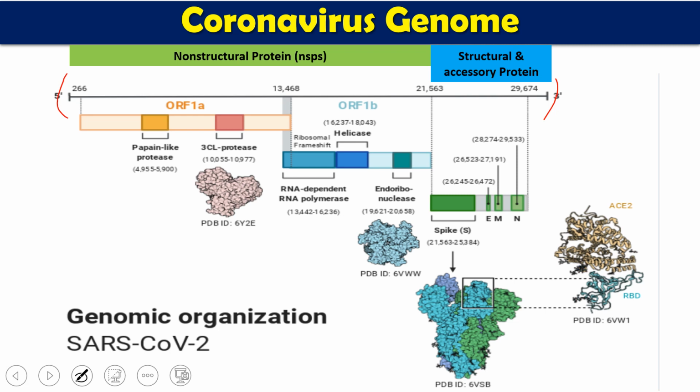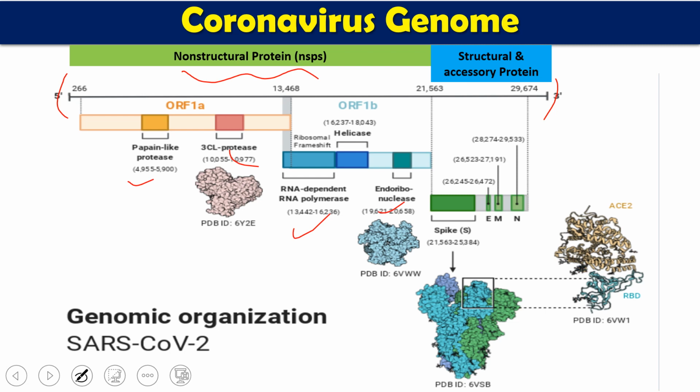One part gives non-structural proteins, meaning those proteins which are mainly enzymes. They normally do not participate in any kind of structure formation, like protease, endonuclease and RNA polymerase. So most of the genetic material gives non-structural proteins.